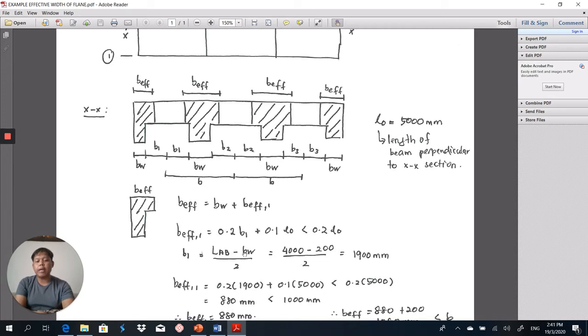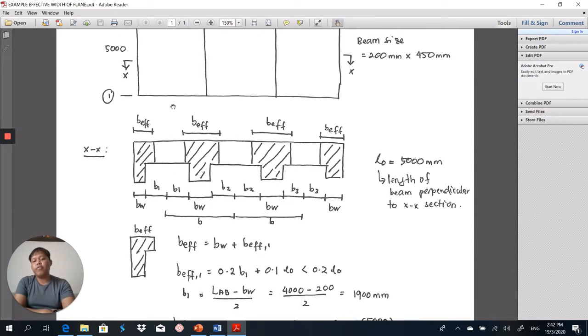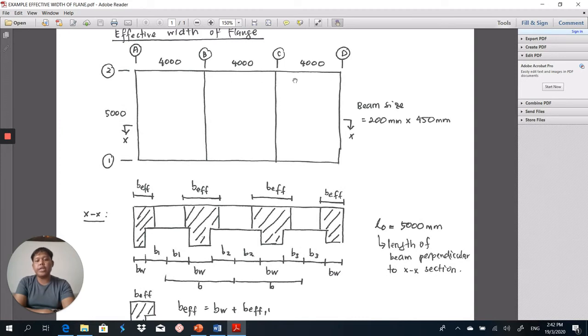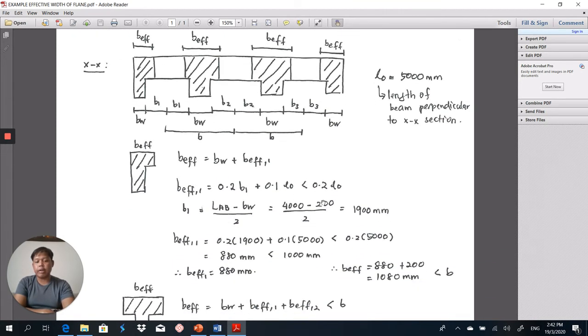So divided by 2, you will get the answer B1 is 1,900. Because the length of each of these sections is the same, 4 meter, 4 meter, 4 meter, B1, B2, and B3 are the same, which is 1,900 millimeter.